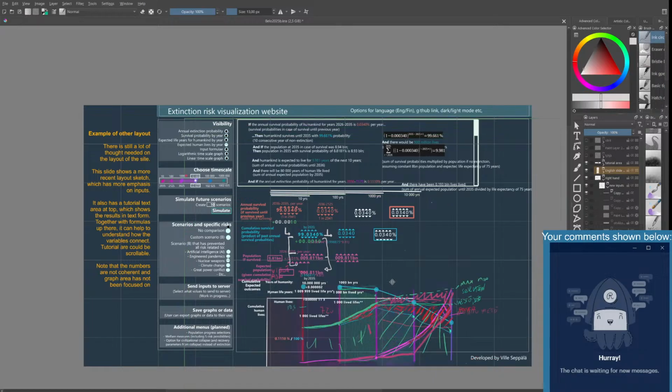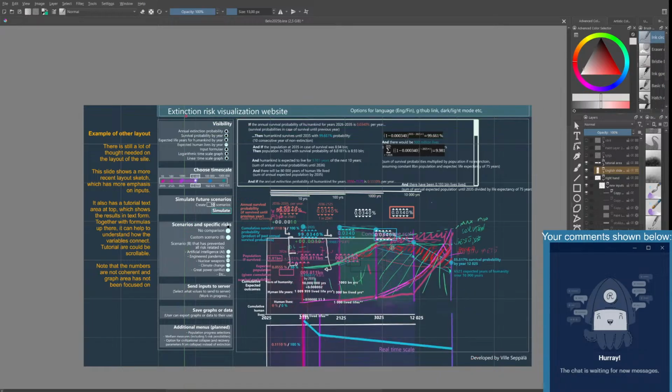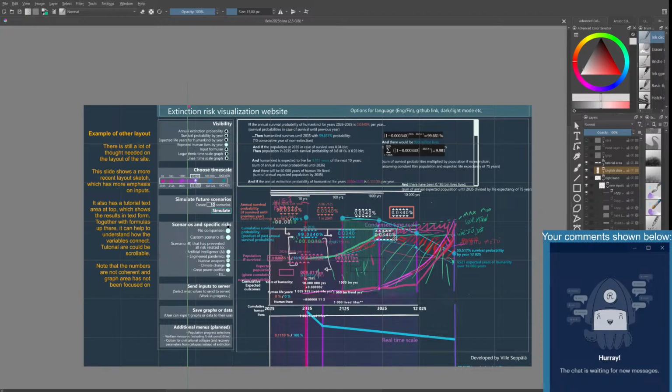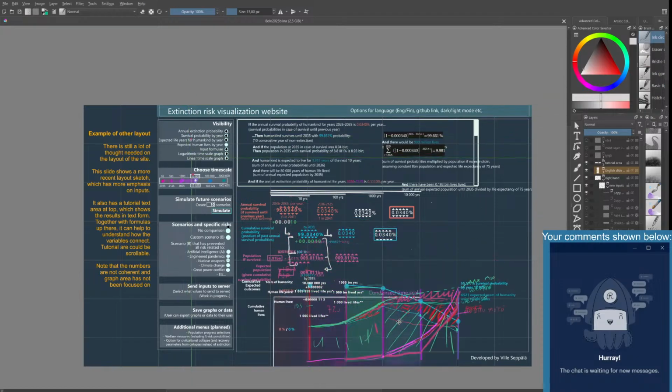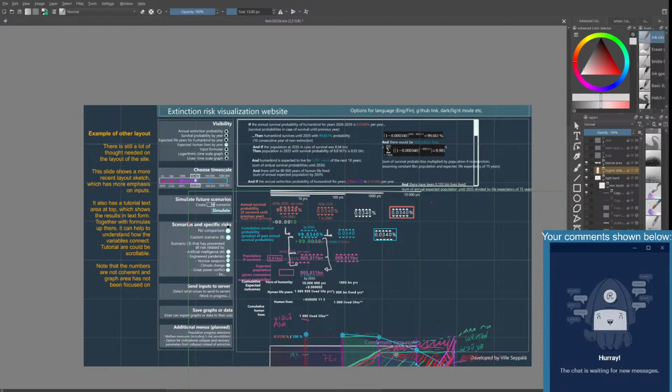Well, I think it can still do that, and in some sense it would be preferable if the user would first look at the graphs and then focus on just the input stuff after they understand better what this interface is about.